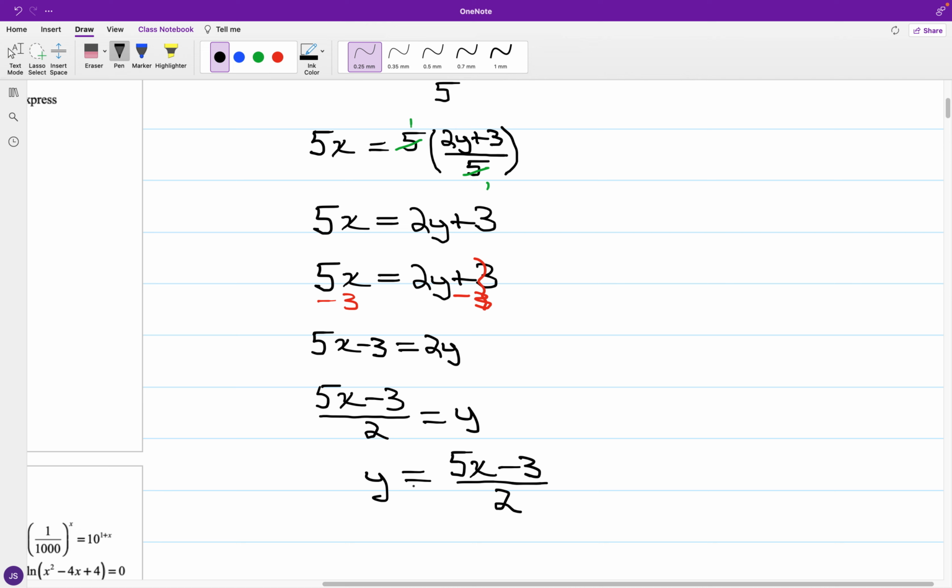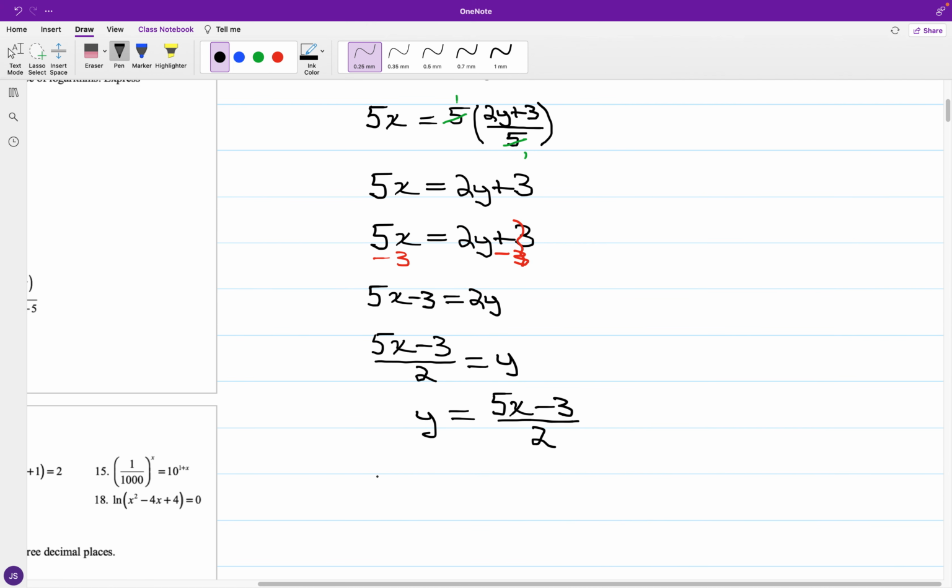And for this y, again, that is going to be the inverse. So we'll have the inverse of f of x is equal to (5x minus 3) over 2. You can separate the terms, but you can leave it as a consolidated rational expression.